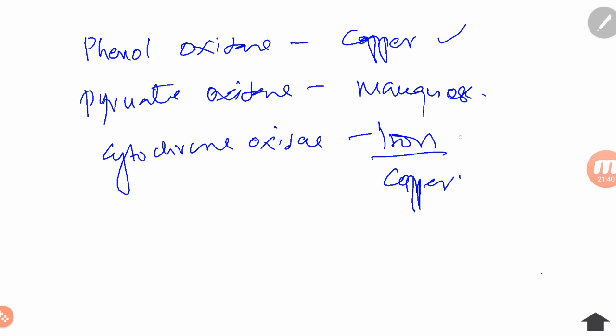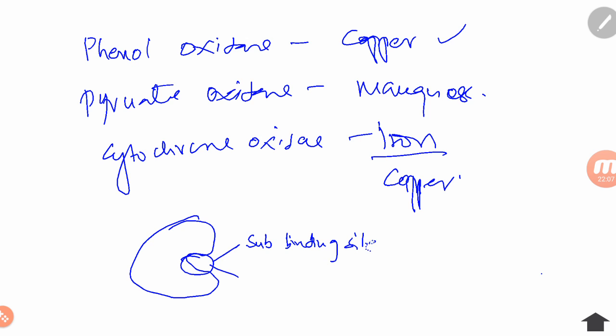And coming to the active site, the active site is part of the enzyme structure. I just want to add one note about it. The active site is going to have two components: the substrate binding site and the catalytic site.